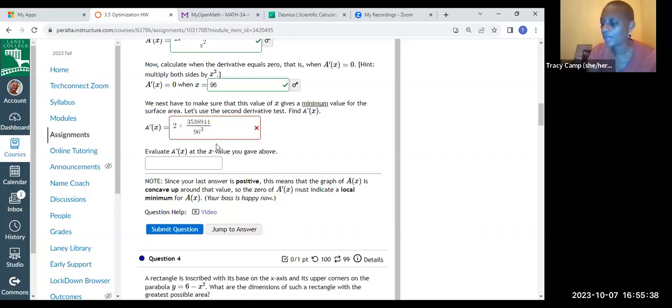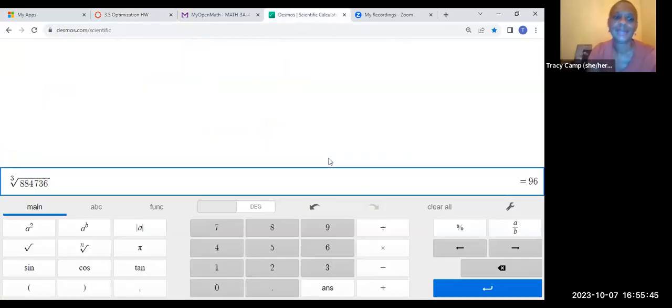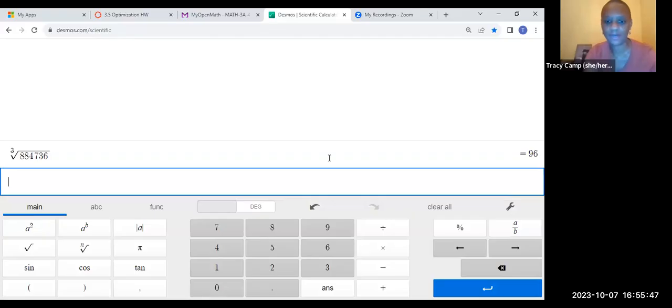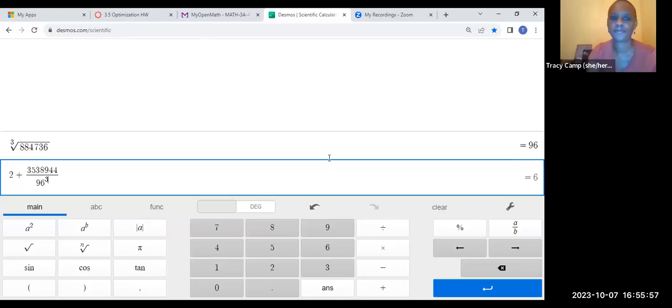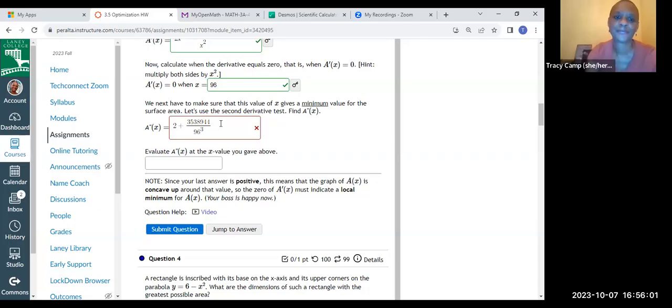Let's see if they wanted the number. 3,538,944 over 96 cubed. Okay, we get 6. I can't believe that's just 6.